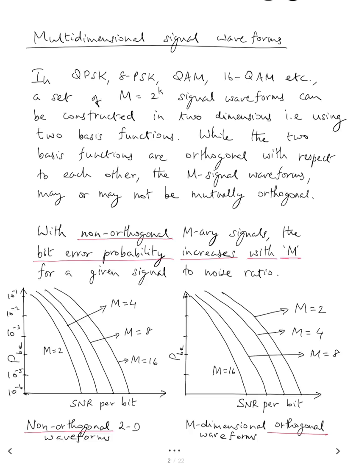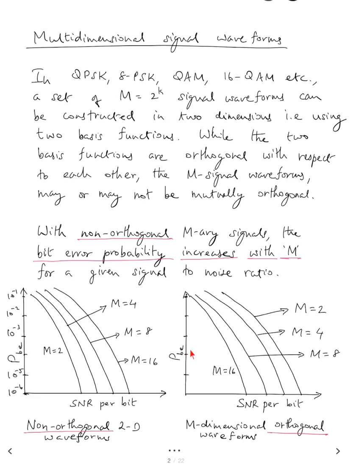So this particular diagram here is for m-dimensional orthogonal waveforms. When our signals are orthogonal with respect to each other, and if we can create m such signals, then increasing m gives us an advantage in terms of reducing the signal to noise ratio for achieving a certain bit error probability.